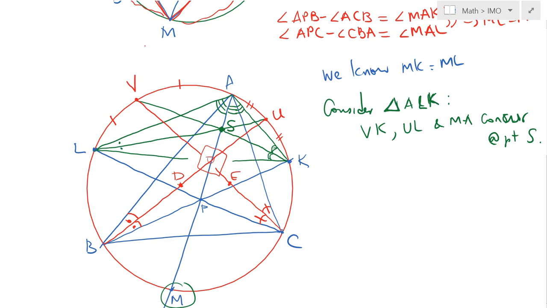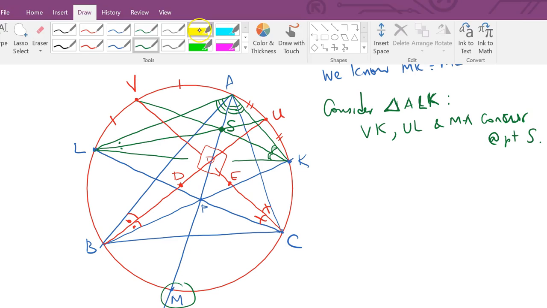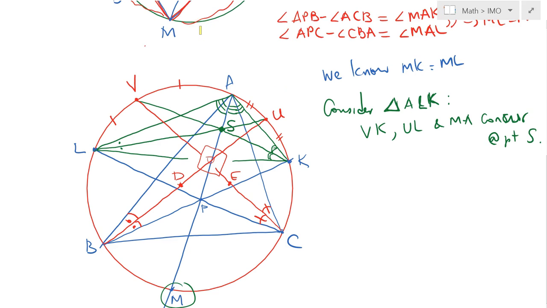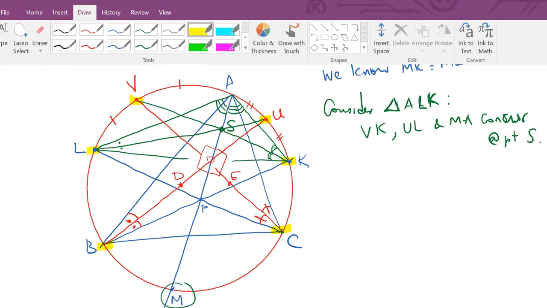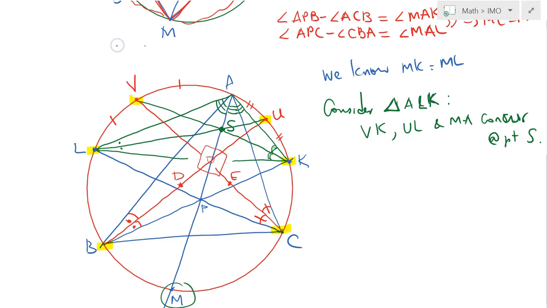We have so many points on the circle. I counted 8, maybe I'm wrong, but we will just focus on 6 of them, namely C, K, U, V, L, B. And I would like to apply Pascal's theorem on these 6 points.